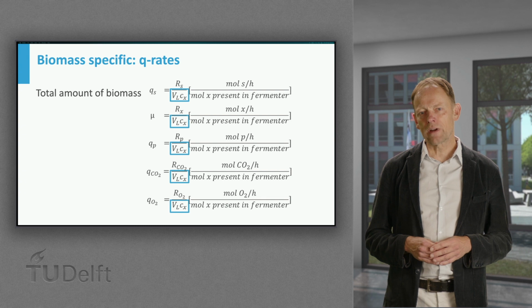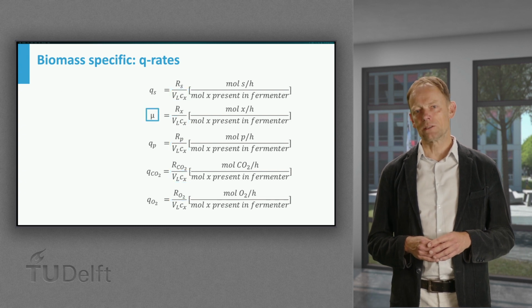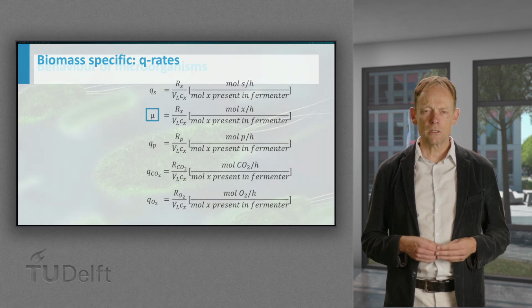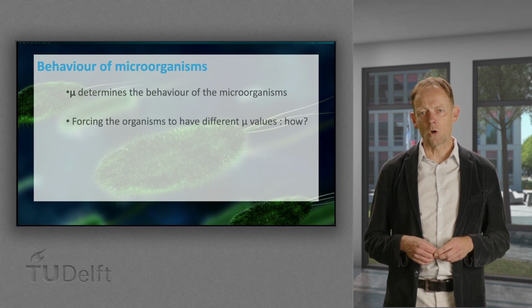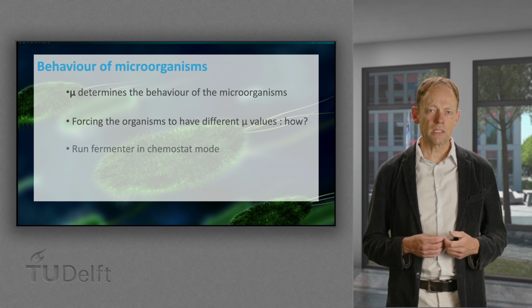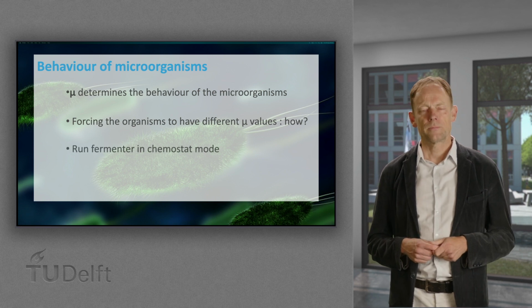The specific growth rate, mu, is also a Q rate. Mu is important because it determines cell behavior. Mu can be controlled in chemostats, and other Q rates are dependent on mu.